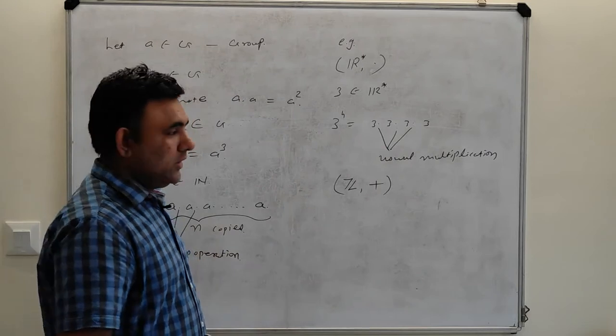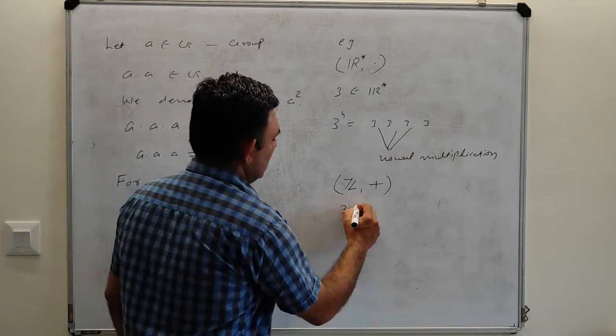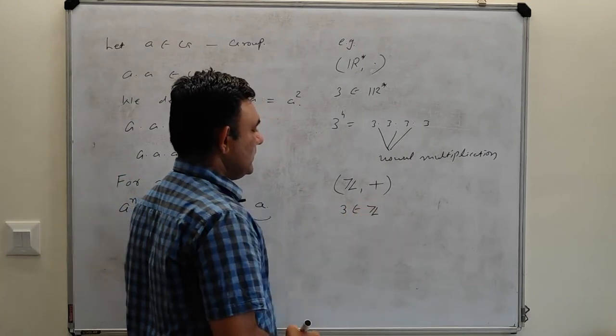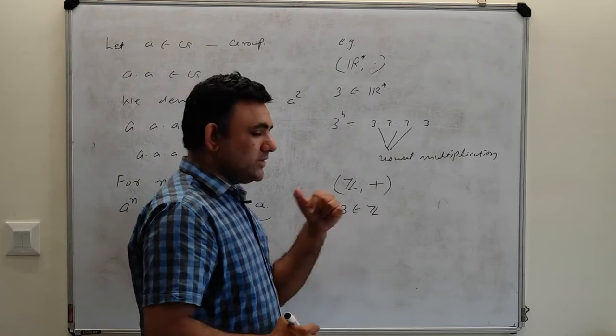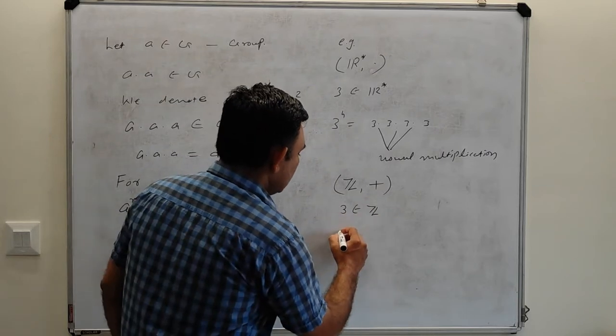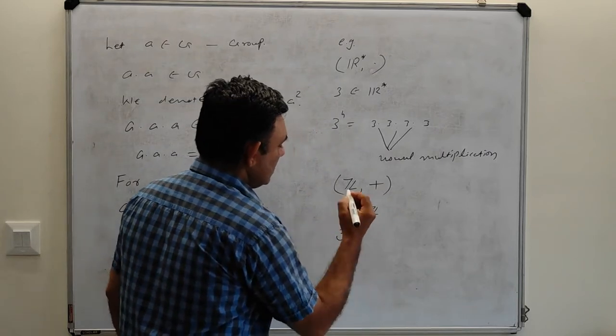Now consider Z with addition, which is also an abelian group. Consider 3 belonging to Z. What do we mean by 3 raised to 4?